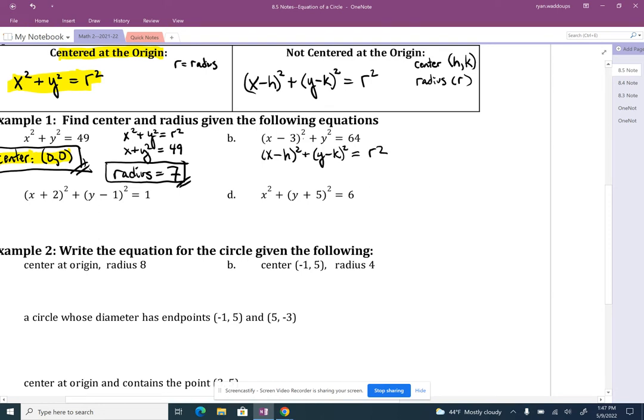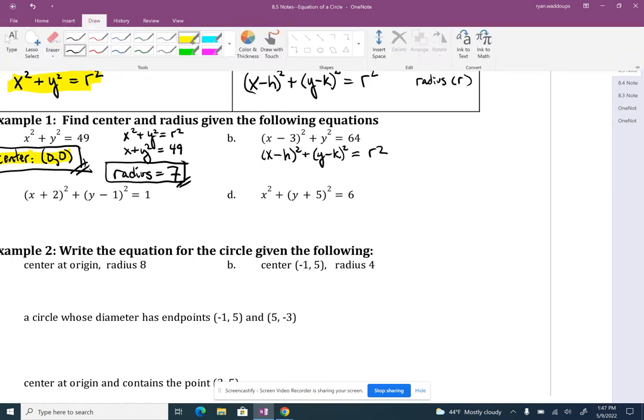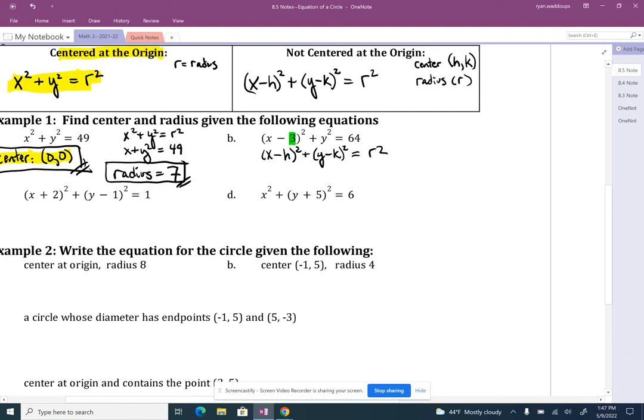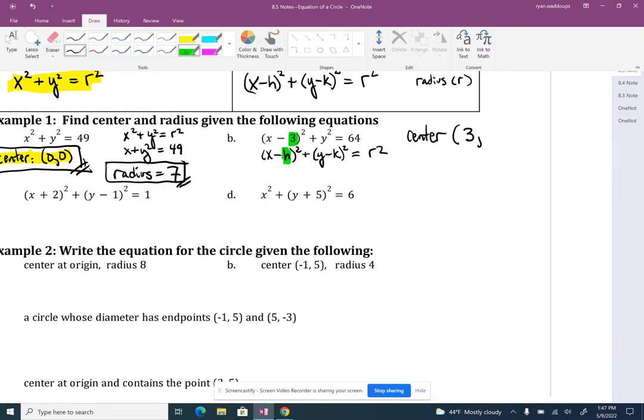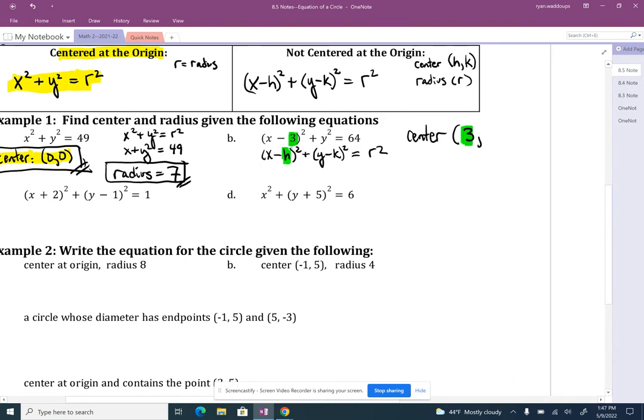And so here I can see that x minus h is 3, so my center is at 3, the same as we see from there.